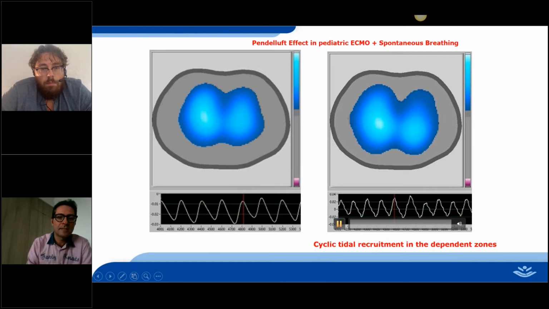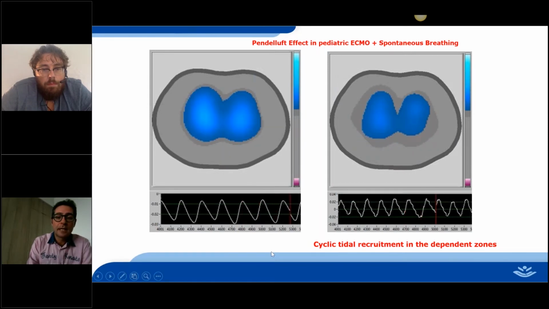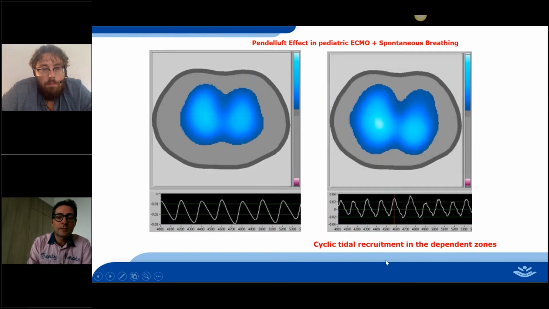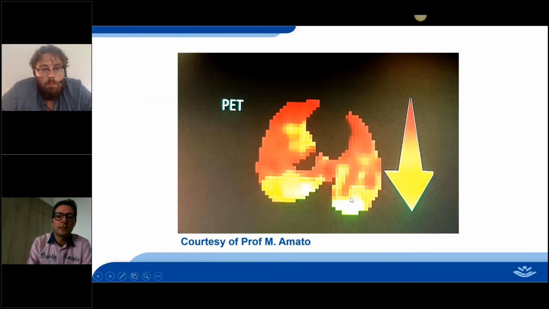See how much difference there is between a normal spontaneous breathing and a pendulum spontaneous breathing with cyclic tidal recruitment. It can be associated to inflammation in the dorsal part, so here in the dependent part of our lungs.